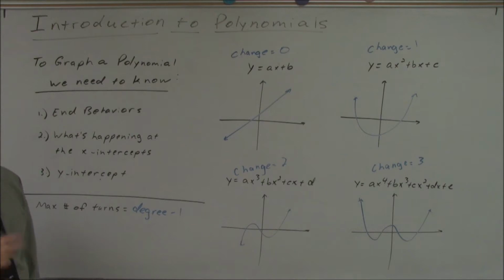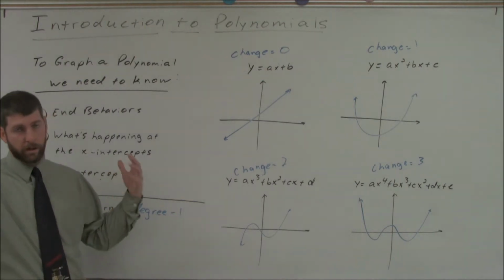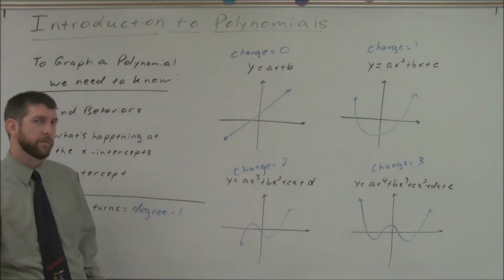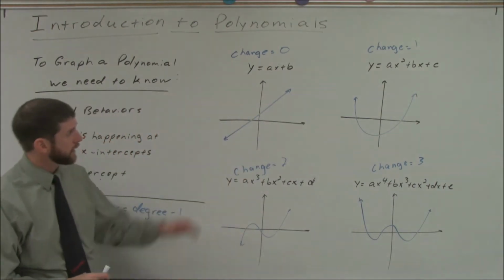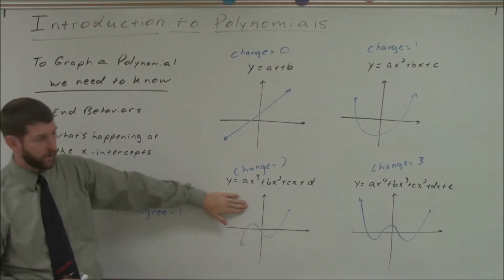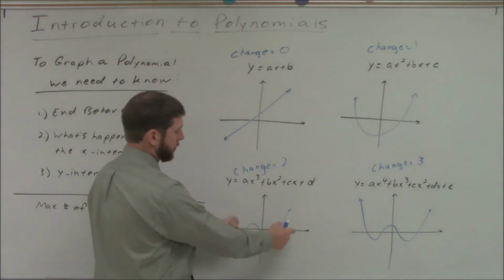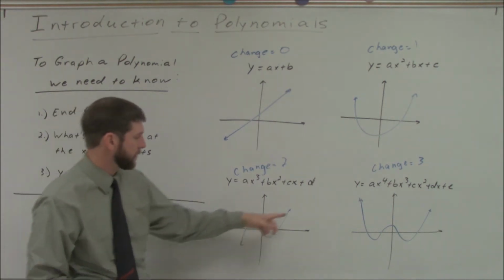Next, I want to look at the end behaviors of these polynomials. That's just looking at what they're doing as they approach negative infinity and as they approach positive infinity. If we look at it, the linear function and the cubic function both end in opposite directions. Pointing down to the left, up to the right.